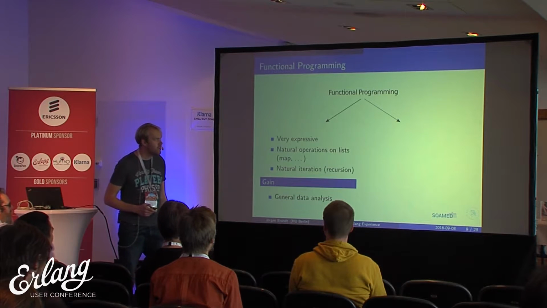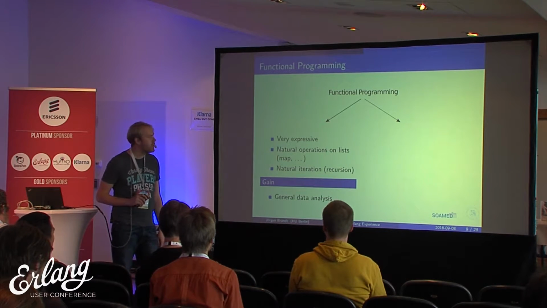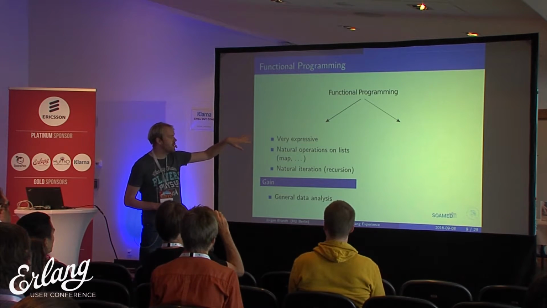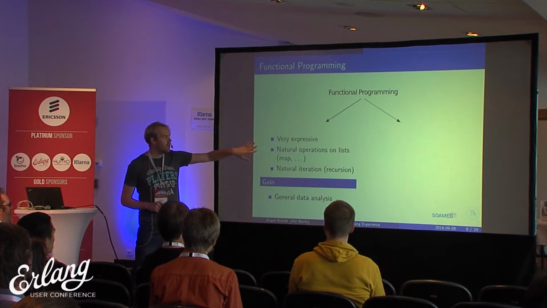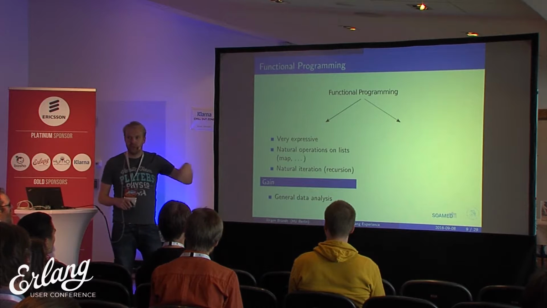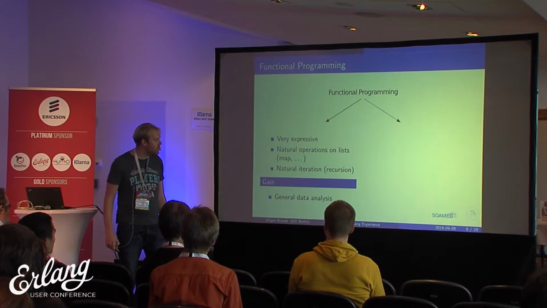And the functional programming part is so important that I want to reiterate on this. So what we gain from functional programming is two things. First of all, we get a programming model that is very, very expressive, in which you can express all kinds of programs.